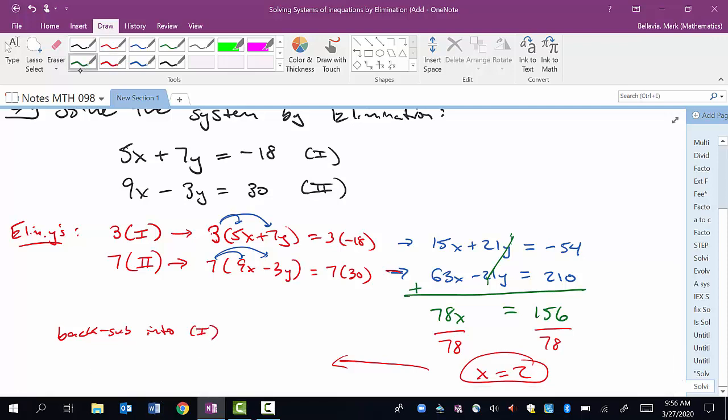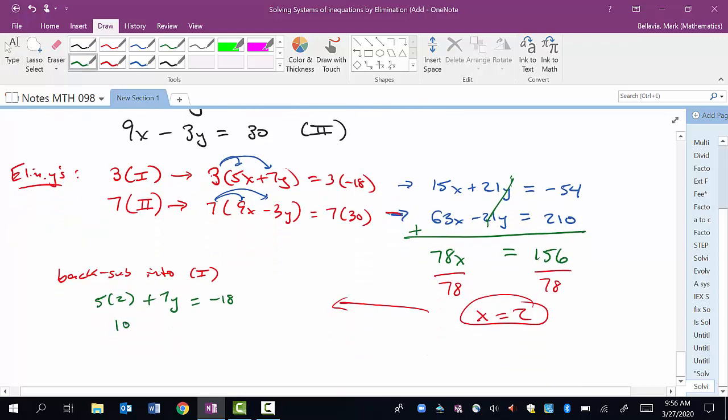Equation 1 is 5x plus 7y equals negative 18, so 5 times x, which is now 2, plus 7y equals negative 18. 5 times 2 gives me 10, plus 7y equals negative 18. We're going to subtract 10 from each side to isolate the y term. I get 7y equals negative 28.